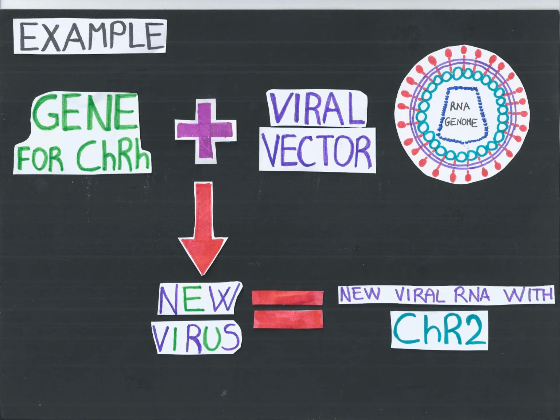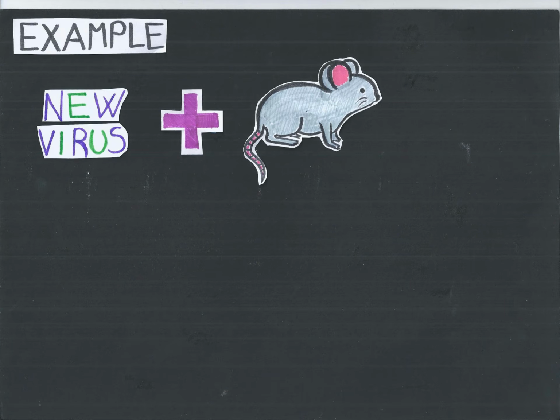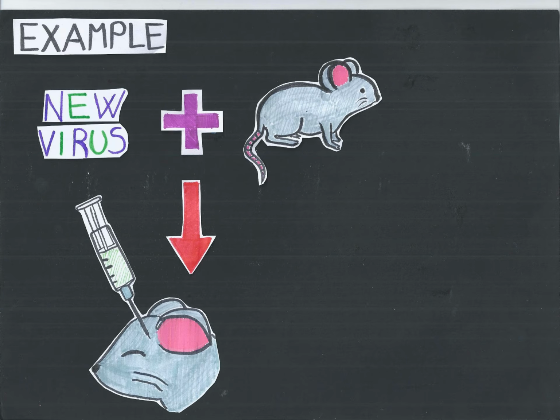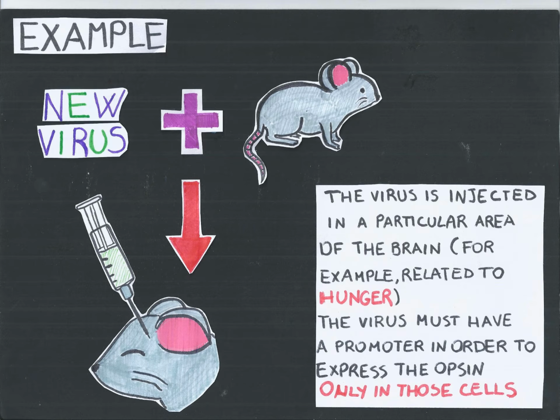And so this virus infecting a cell will promote the expression of this protein. You infect a mouse with this virus. The virus must be injected into a particular area of the brain, for example, the center for hunger, for movement, particular feelings, because you want to infect only those neurons.